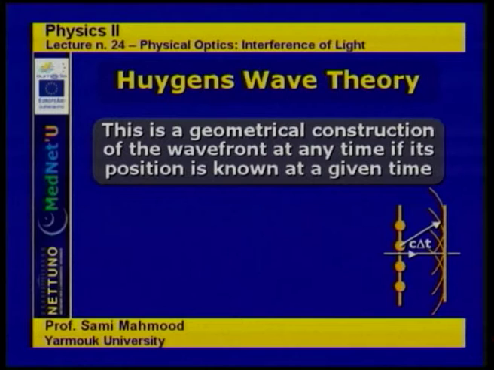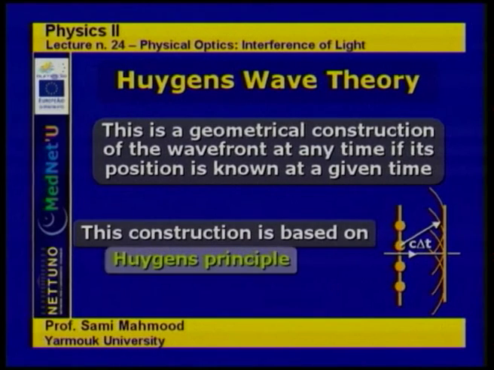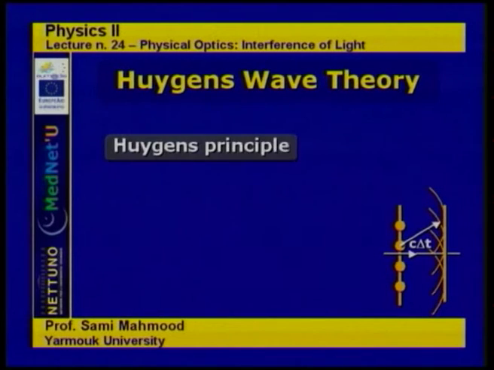It's the mathematical or geometrical construction of the wavefront at any time. If the position of the wavefront is known at a given time, then we can construct the wavefront at any later time according to Huygens' principle. This construction is as follows.